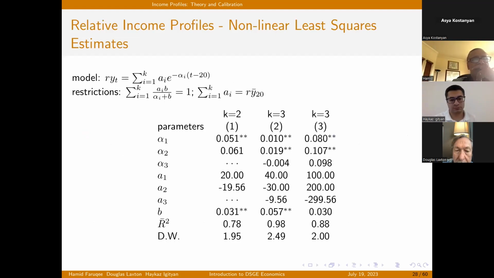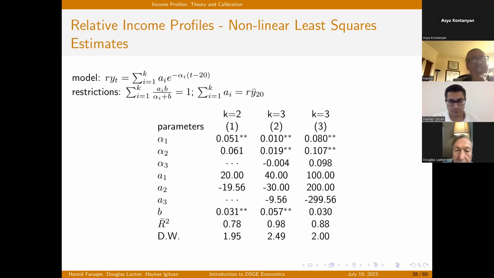So this just shows you what some of those parameter estimates look like for those age earnings profiles. You can see the estimates of the alpha parameters. In this case, I think in the equations I showed 2 exponentials, but you could generalize it to any number of exponentials, k.